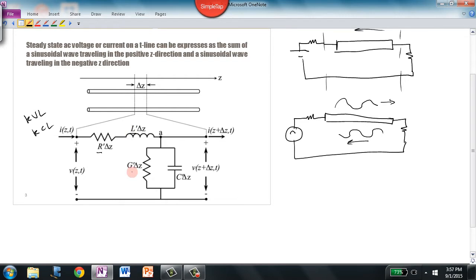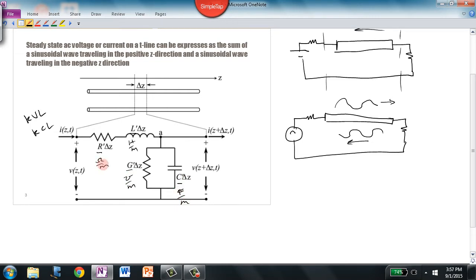G prime is the conductance of the insulator per unit length. And C prime is the capacitance between the two conductors in the transmission line per unit length. So this is in ohms per meter, henries per meter, mhos per meter, and farads per meter.